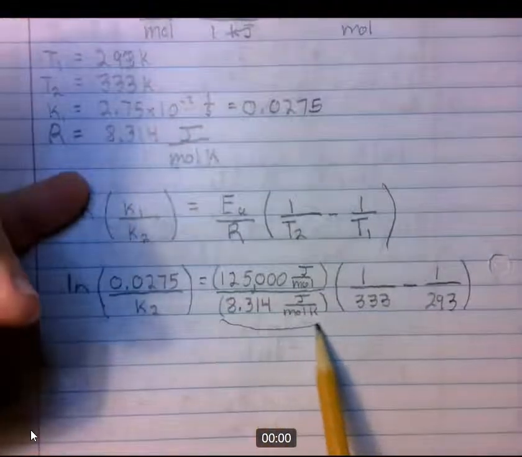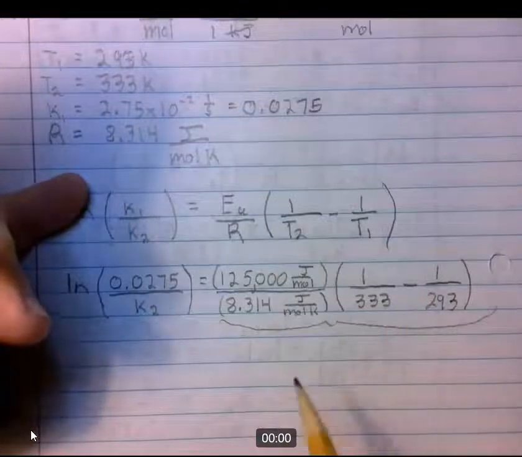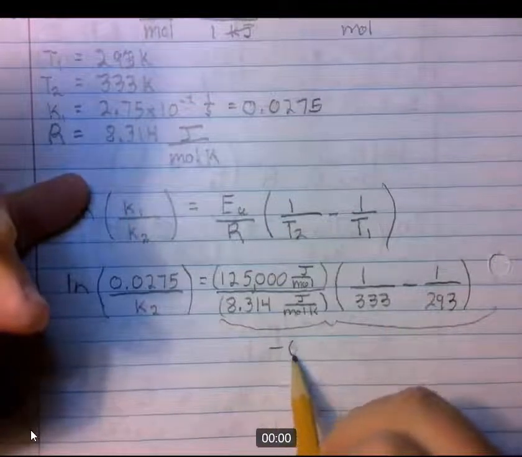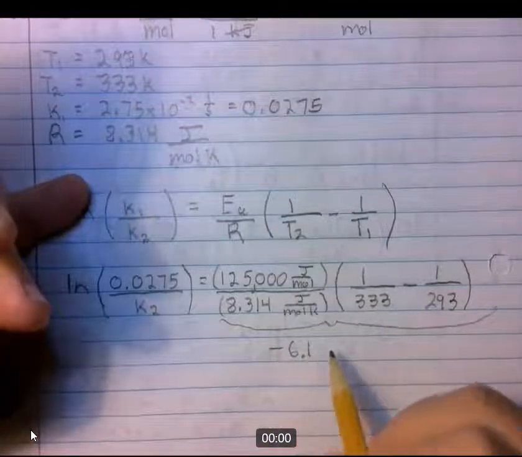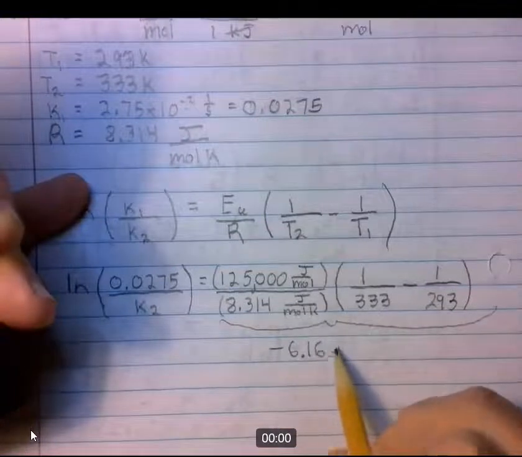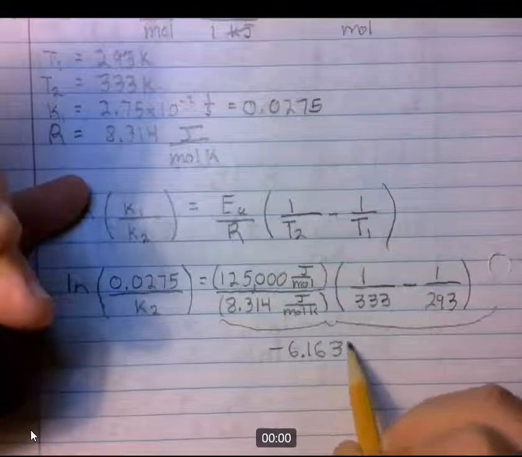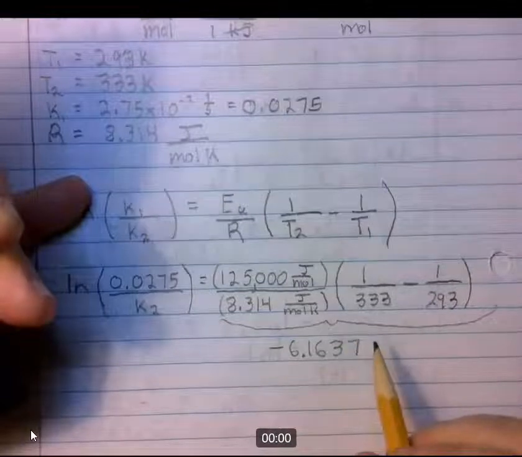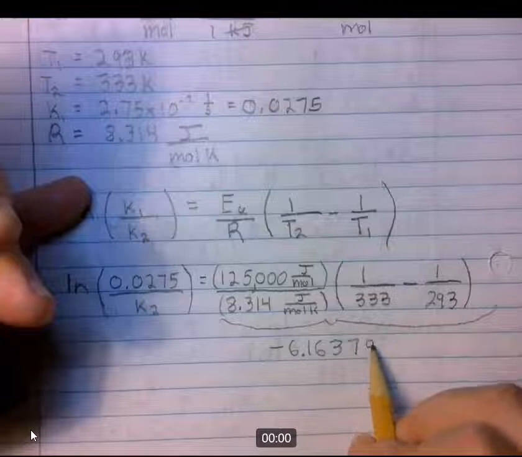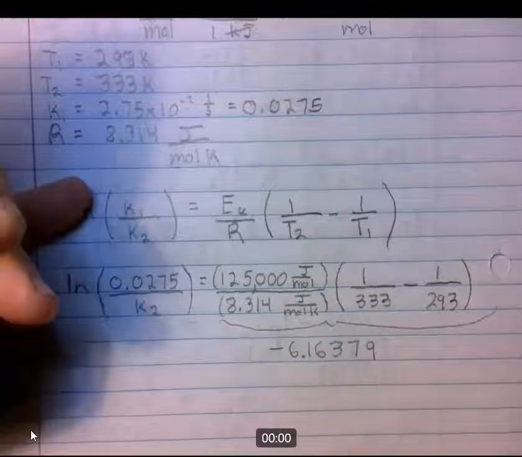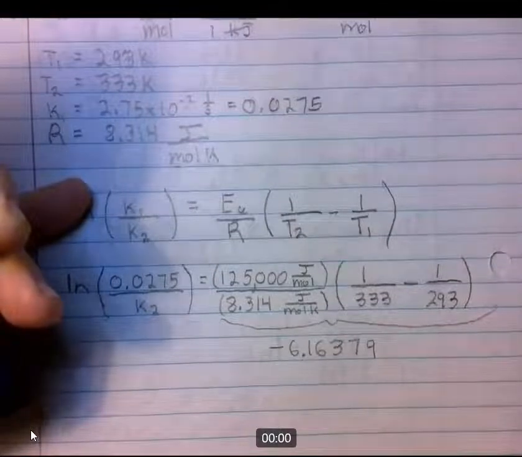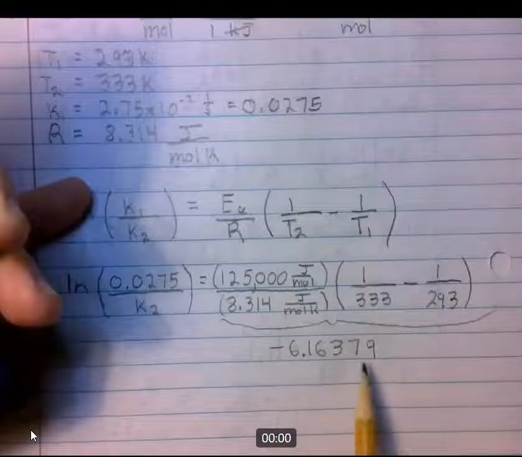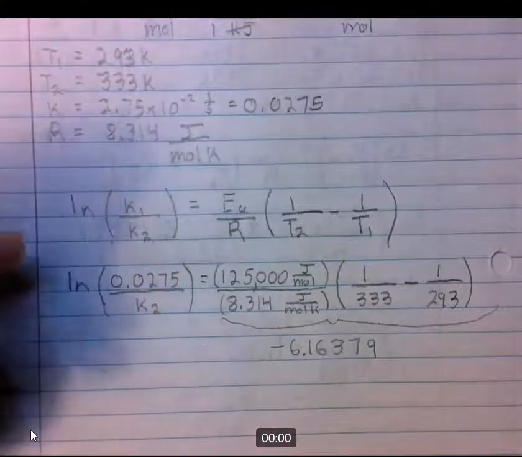Okay, and for this side over here, what I get is this, and I'm going to write it to a lot of significant figures here, because technically we're not supposed to round anything until the very end. So I usually go to 6 or 7, sometimes at least 5, digits after the decimal, not even necessarily significant figures. Okay, so I'm going to leave it there. That's pretty good.